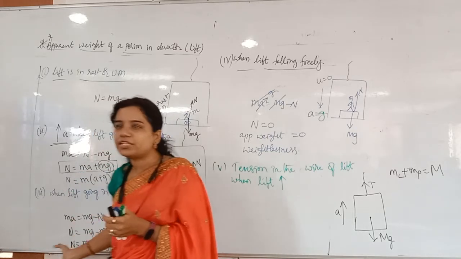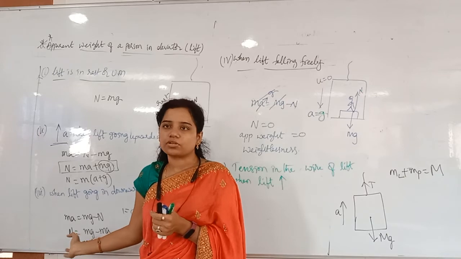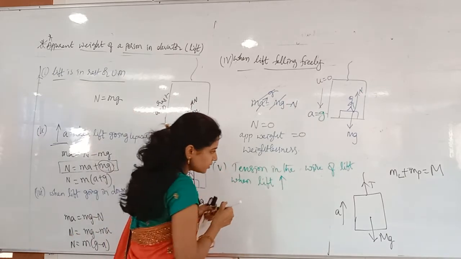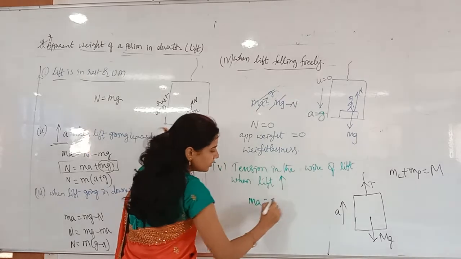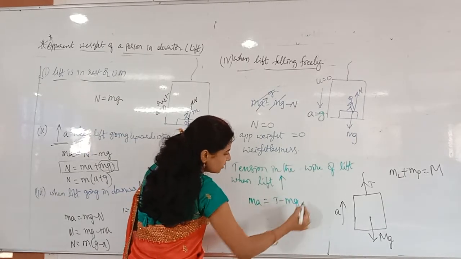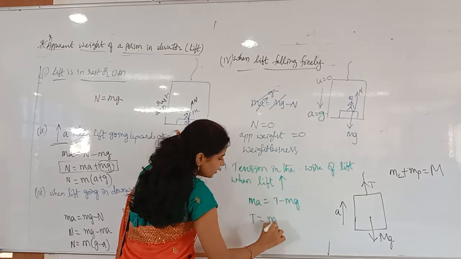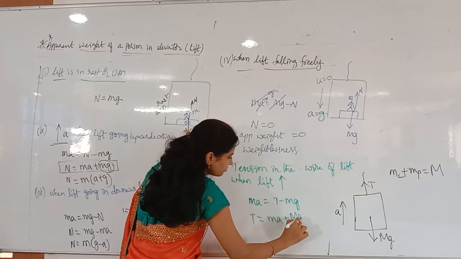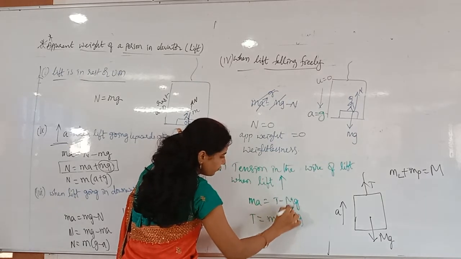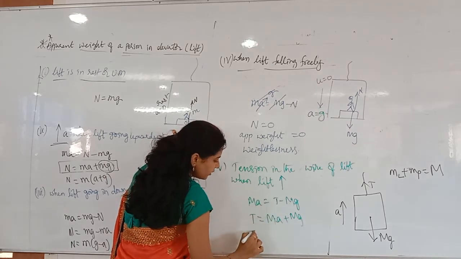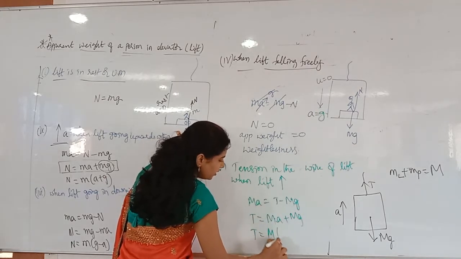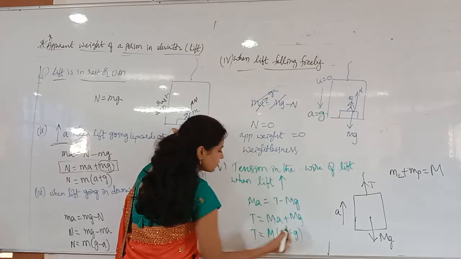More. Obviously the weight is more, no? Apparent weight is more. Then see, here MA is equal to T minus mg. Then T is equal to MA plus mg. Sorry, capital M here. Capital MA plus mg. Then T is equal to capital M into A plus g.